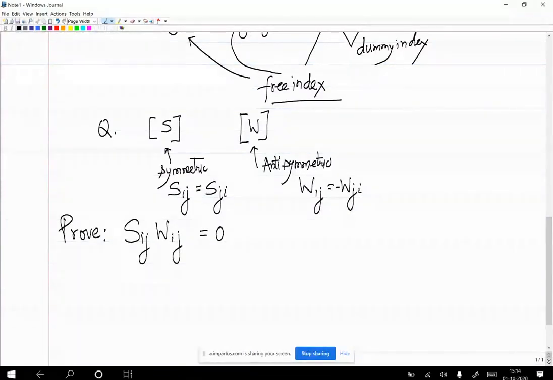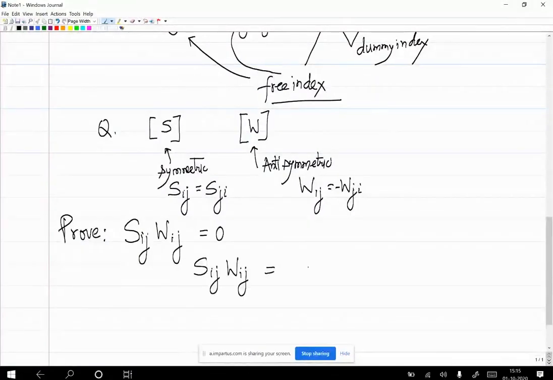So, you know what we can do, S_ij W_ij, we can say this is equal to minus S_ij W_ji, isn't it? From the antisymmetric nature, W_ij is equal to minus W_ji. But also S_ij is equal to S_ji. So this becomes equal to minus S_ji W_ji.